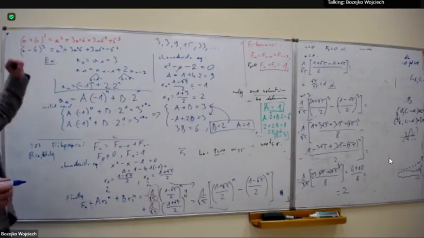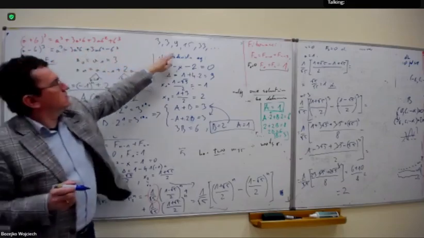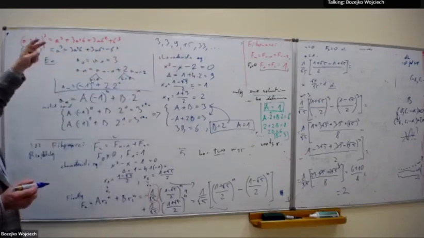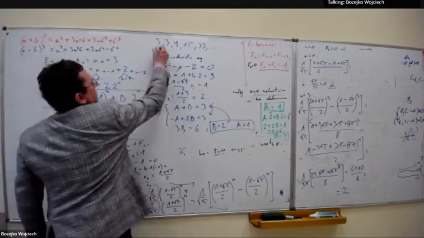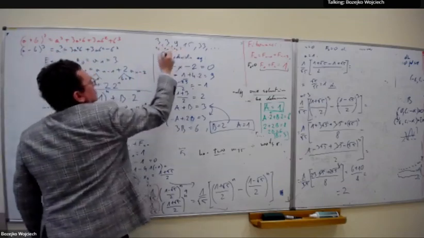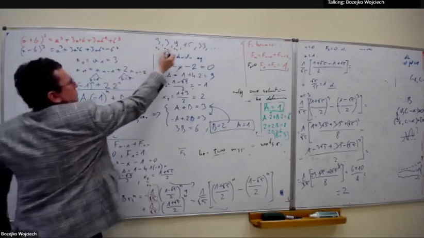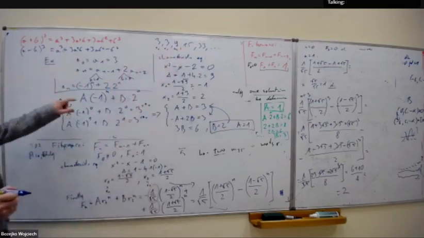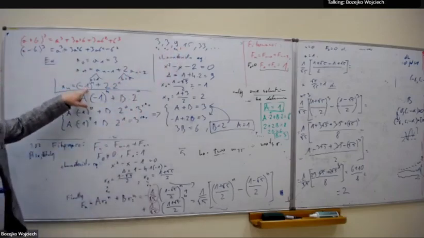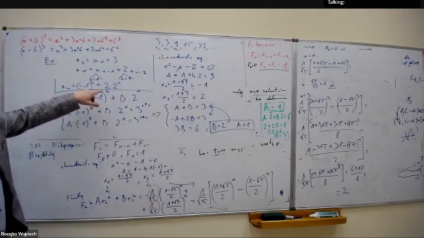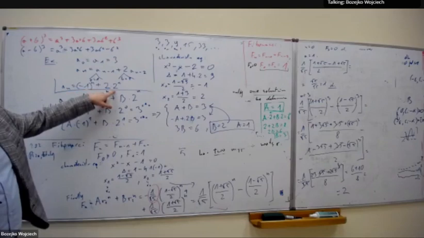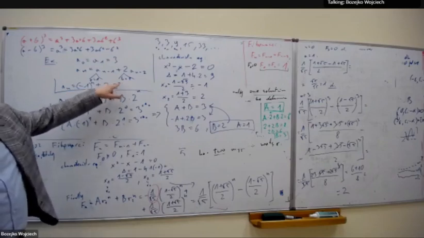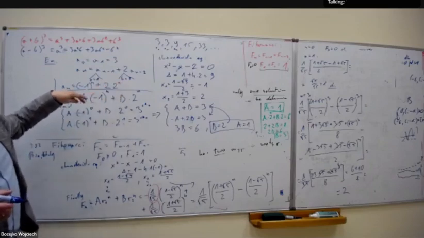Let us check maybe for that one. So this is the second one, so this is a0, this is a1, this is a2. So for the second one, we have minus 1 to the power of 2 is 1. And here we have just 8, because this is 2 to the power of 3. So 9, okay.